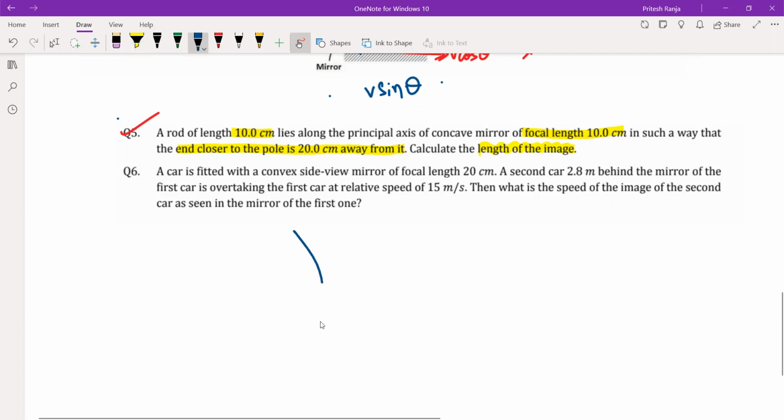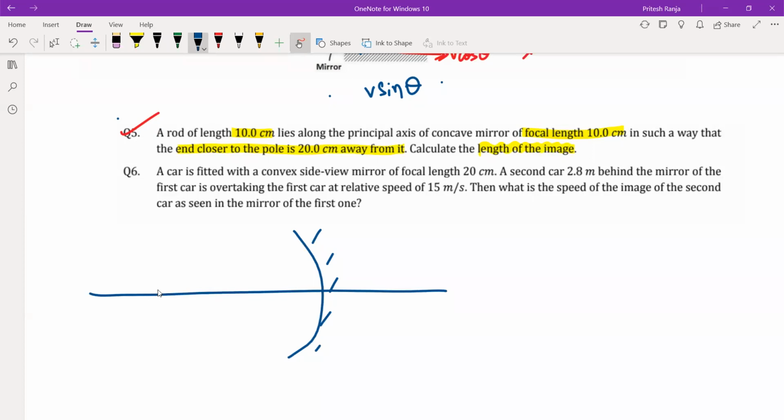So if this is concave mirror, how is the object present? Like this. It is lying along the principal axis. Focal length is 10 and it is lying such that the end closer to the pole, that means this is the end closer to the pole, is at 20 centimeter away from it.